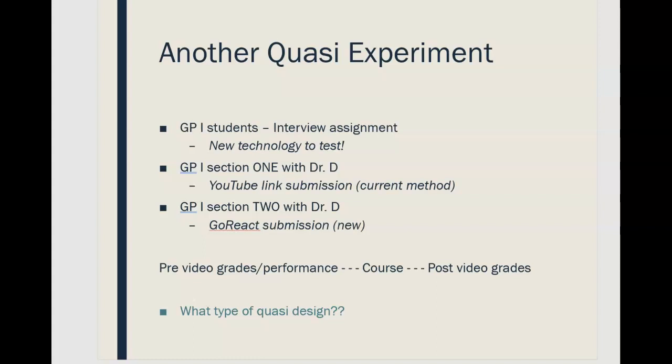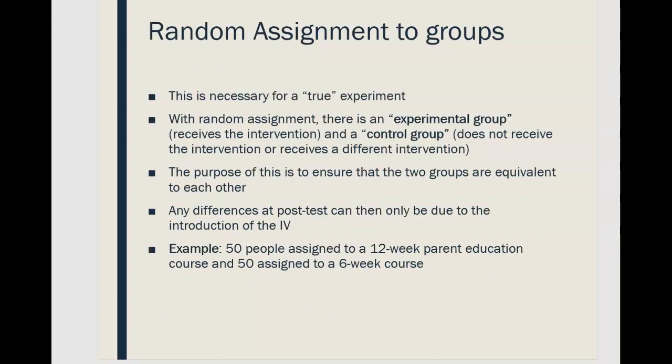What kind of quasi design would this be? I'll help you just so you can test your knowledge. Maybe you pause there for a second. So that'd be a pre-post with a comparison group, right? Pre-video, post-video, those are those observations. I don't have random assignment, but I do have this comparison group doing the current method. That'd be another way to think about that.